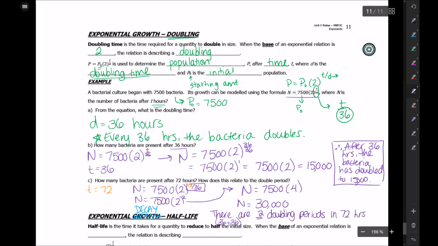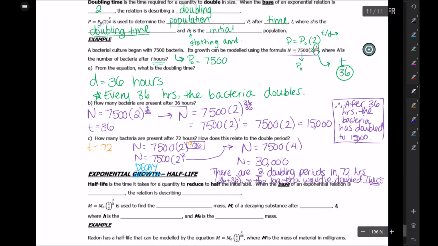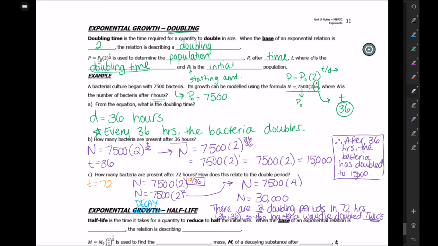Okay, so the bacteria would have doubled twice. And it's really important that we say that it doubled twice. Okay, so that's an example of exponential growth where we're doubling.